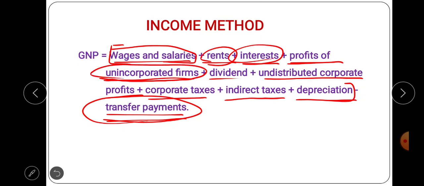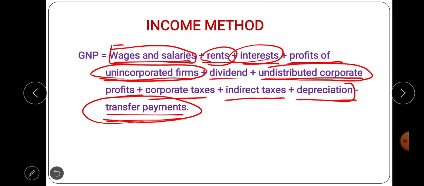This is nothing but the incomes of the non-company businesses. These are the incomes earned by the individual proprietors, partners, self-employed persons, etc.